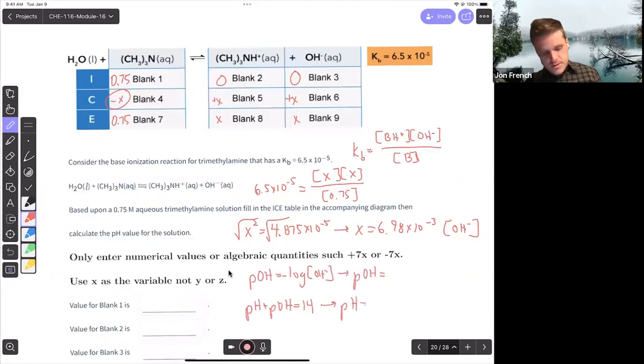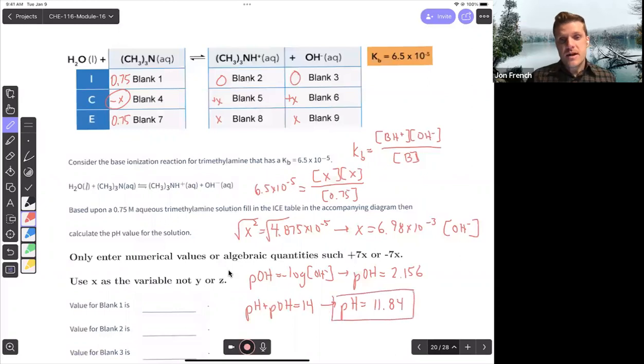So first things first, negative log of that concentration. I get a pOH of 2.156. And that makes my pH 11.84. So that's the trick.